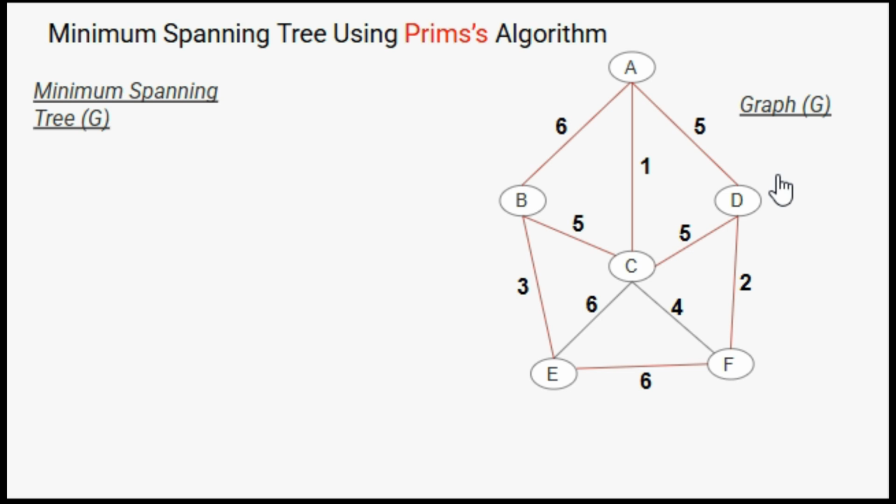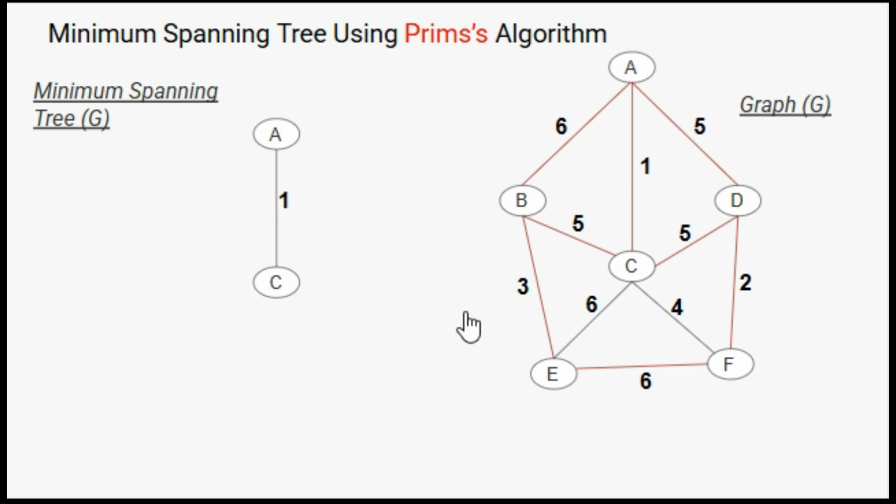So now let's look at the weights, or the cost, on the edges. The edge from A to B costs me 6, from A to C costs me 1, and from A to D costs me 5. It is very clear that out of 6, 1 and 5, the 1 costs us the least. So we are going to make a choice of this edge.